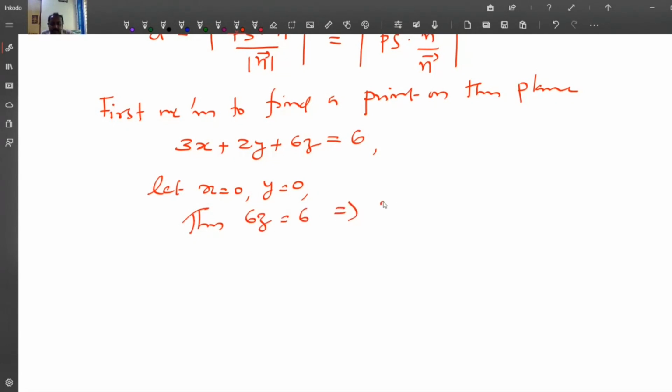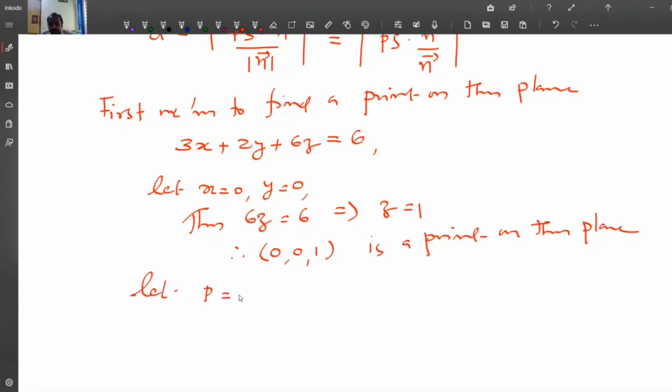This implies z is equal to 1. Therefore (0, 0, 1) is a point on the plane. So let P be (0, 0, 1).